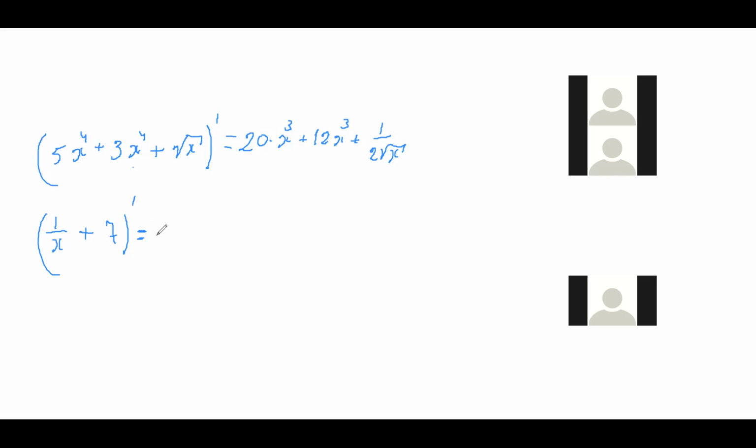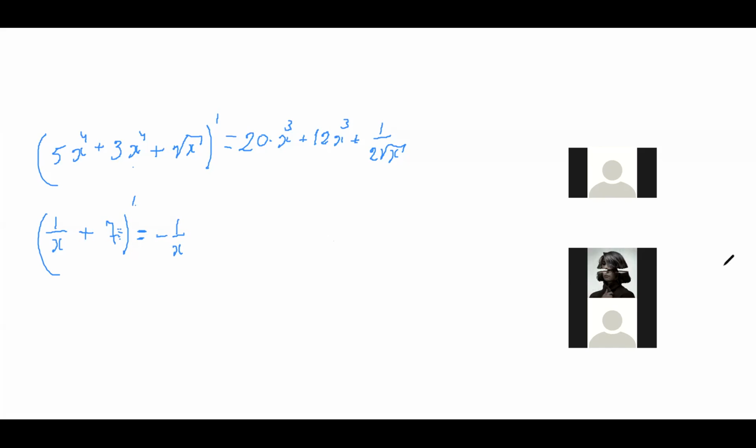Oh, very good. Also, I recommended to remember it. And the derivative of 7, you will never forget it. 7 is a constant and its derivative is 0. Yes, very good. Okay, so I hope it's clear for everyone.